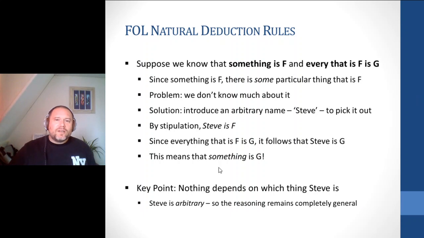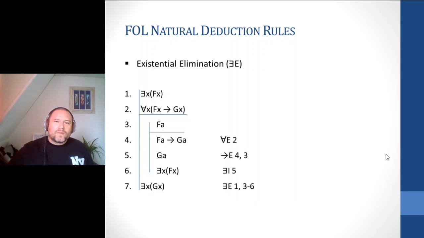So we can formalize the reasoning that we just did here in the following way. So again, let's suppose we know that something's F, and we know that everything that's an F is a G. Well, what we can do, if we want to derive that there is something that's a G, is we can eliminate this existential.